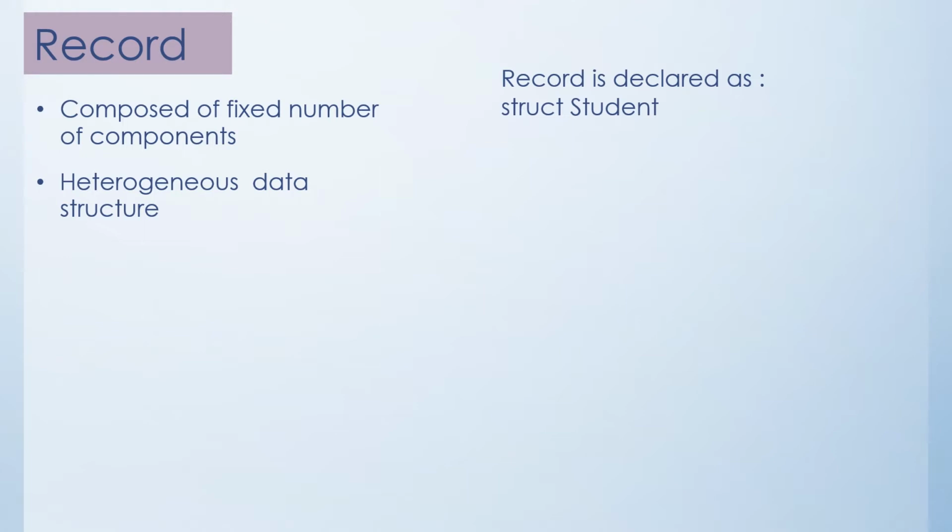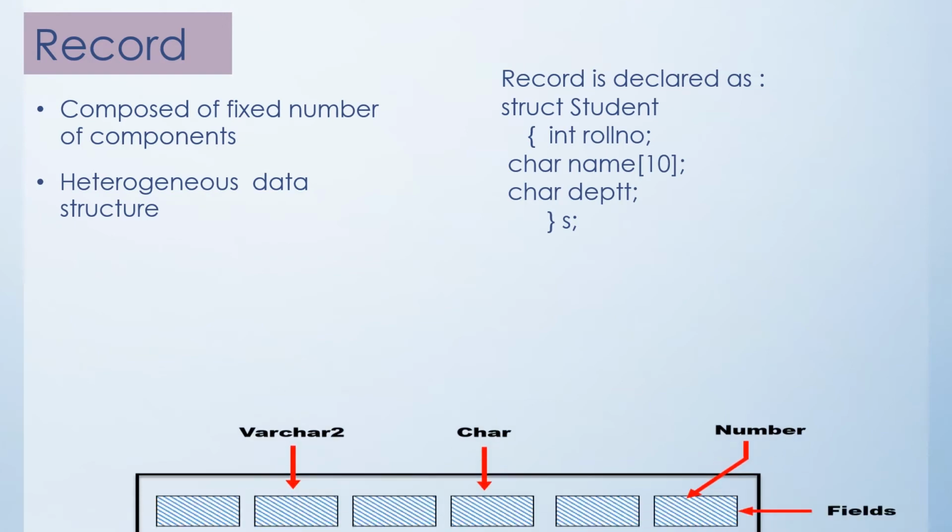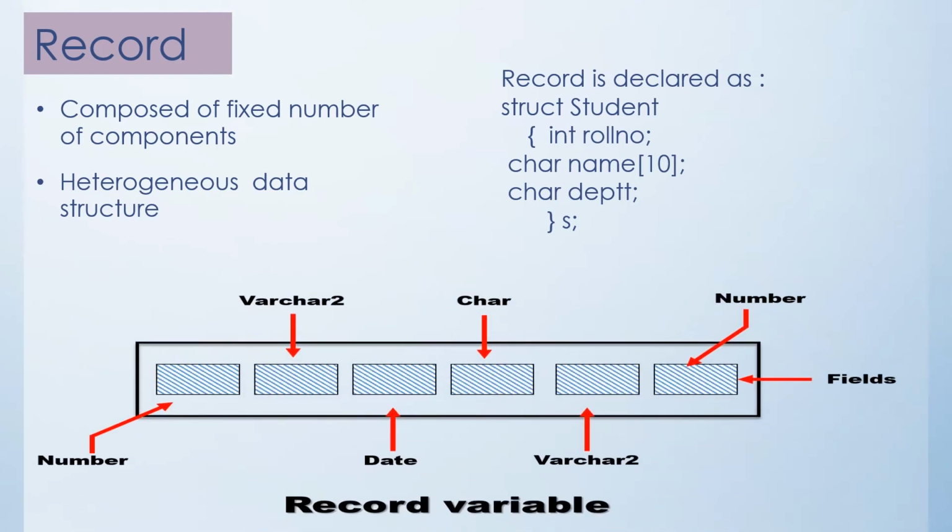For example, struct student, int roll number; character data type variable name with capacity 10; character type name of variable department. This declaration declares a record of type student consisting of three components: roll number, name, and department.